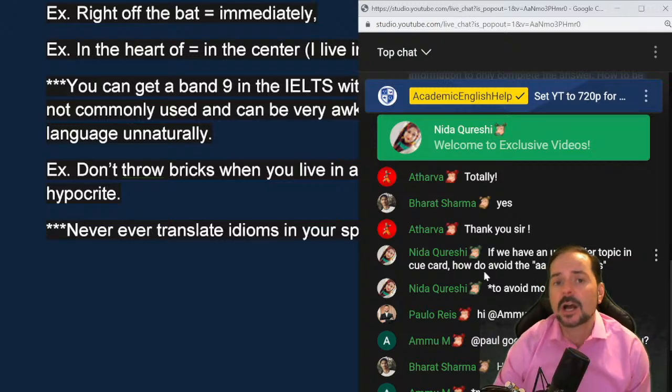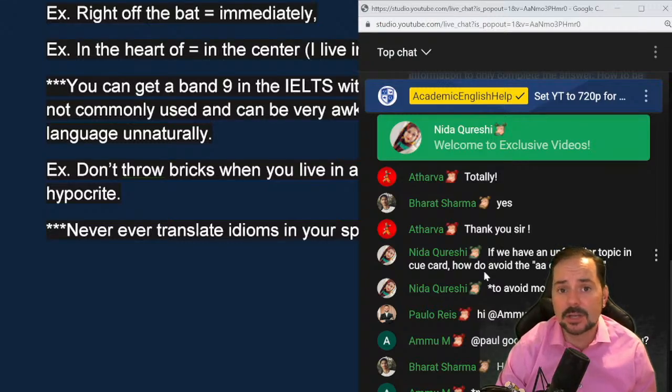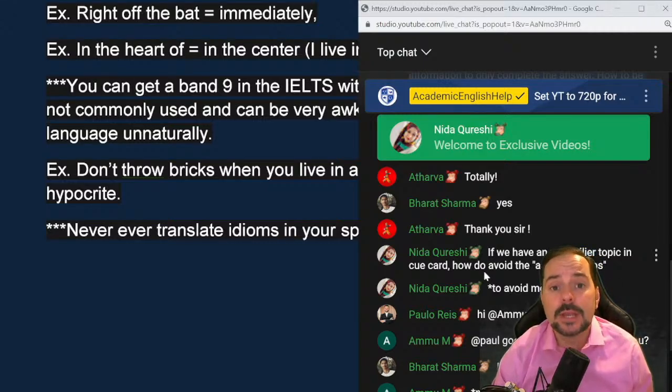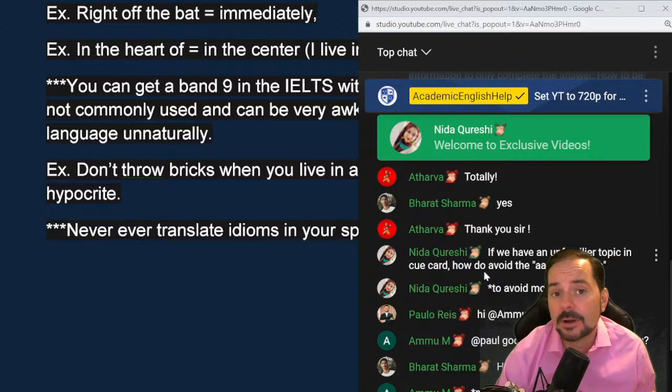Don't be shy. Sometimes in part 2, what candidates do is they read the questions, they take notes, and then they start talking and they never look at their notes or the questions again. That's really weird. The IELTS examiner will let you look at the cue card. You don't lose marks for stopping for a few seconds to look at the cue card and your notes to think about ideas.